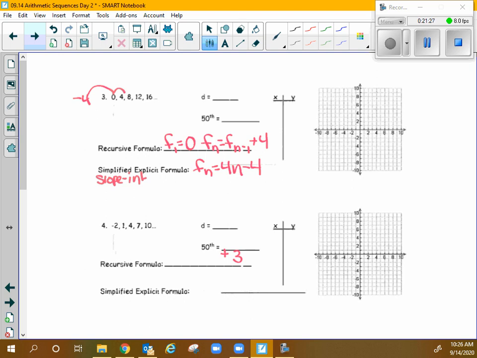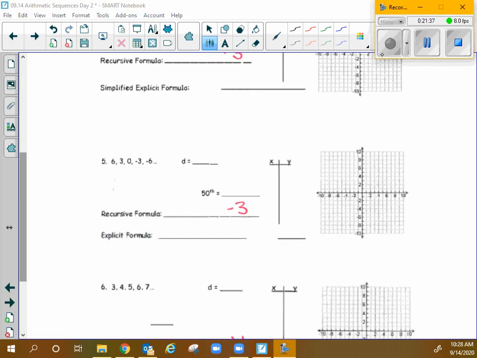I think I just put too much stuff on my paper. Yes. Not simplified. So number 5 is asking for just the explicit formula. So we want the expanded version.